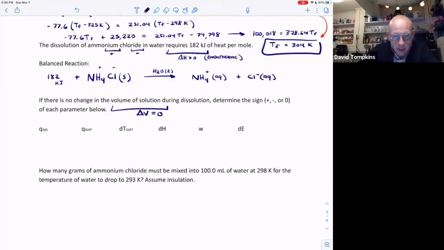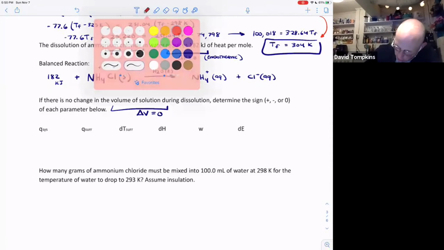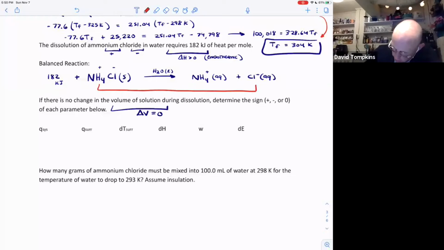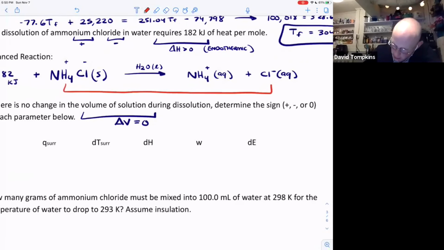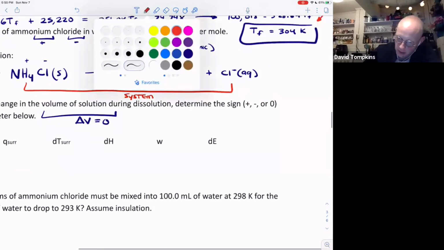So if there's no change in volume, then that's going to simplify the enthalpy and heat discussion. The system, remember, is the reactant before dissolving, that's solid, and the products. The surroundings is everything else.